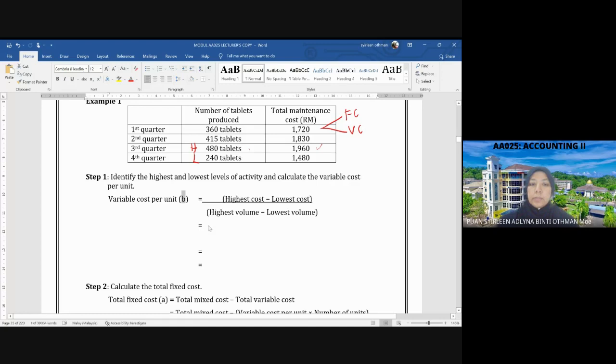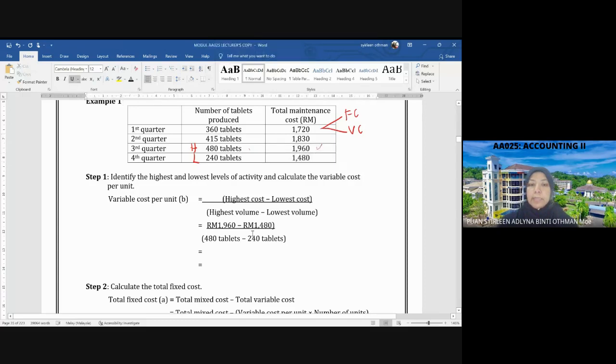So I will substitute into the formula. Okay, so we have RM1,960 minus the lowest cost, 1,480.